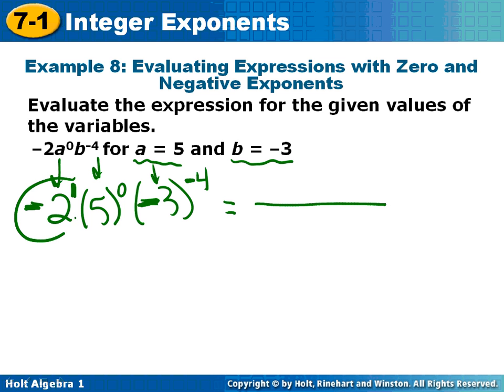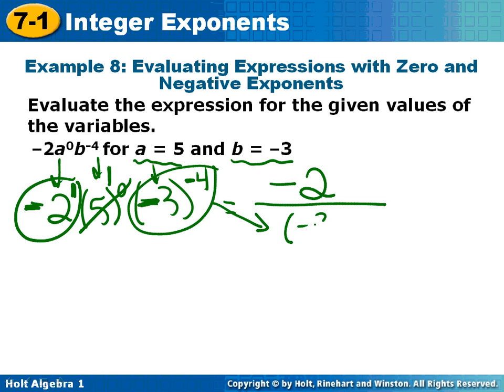So this negative 2 to the first power stays on the top as negative 2. I'm not going to put the 1 power up there. 5 to the 0 is 1, so I don't need to put the 1 here either. And negative 3 to the negative 4 is going to switch to the bottom as negative 3 to the positive 4.